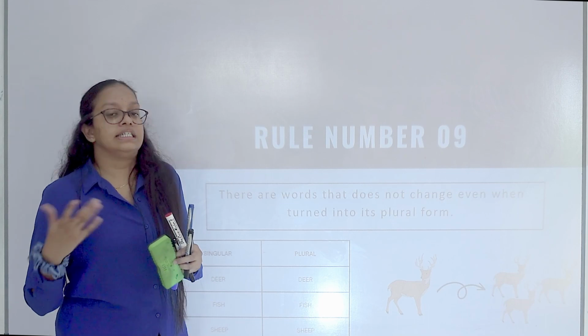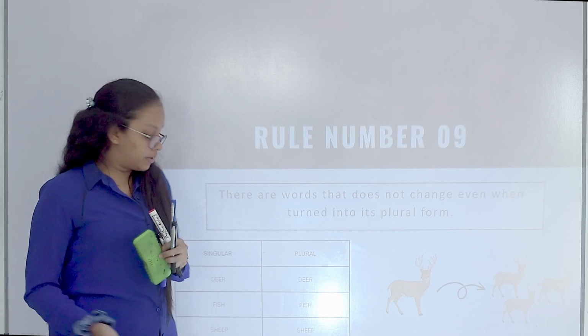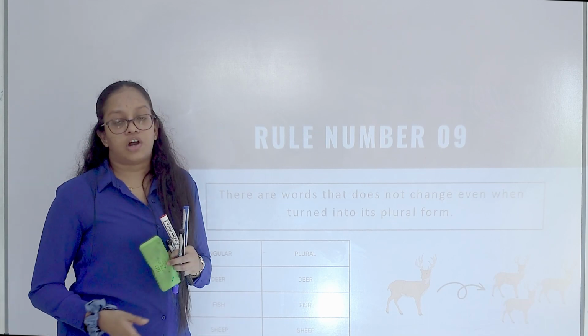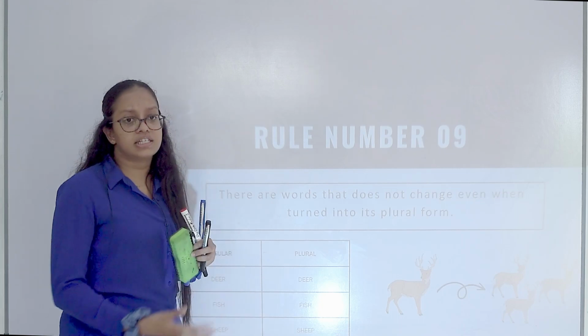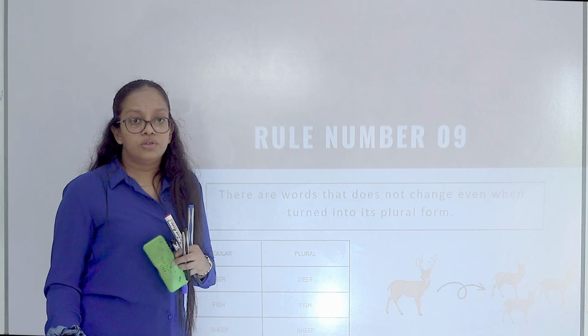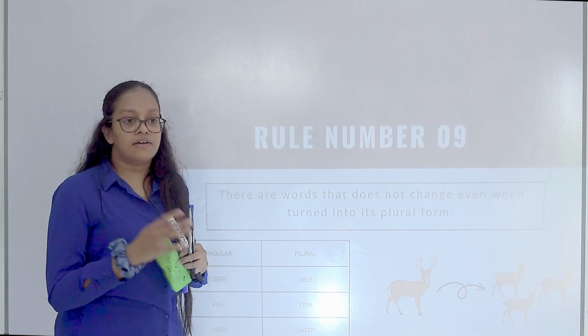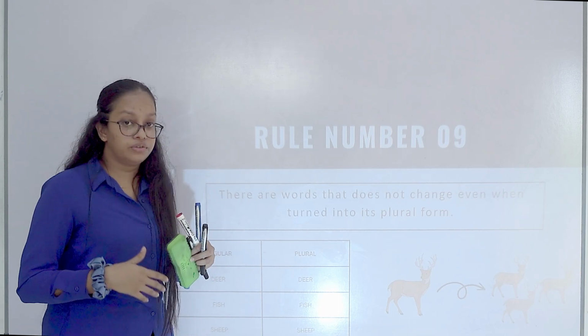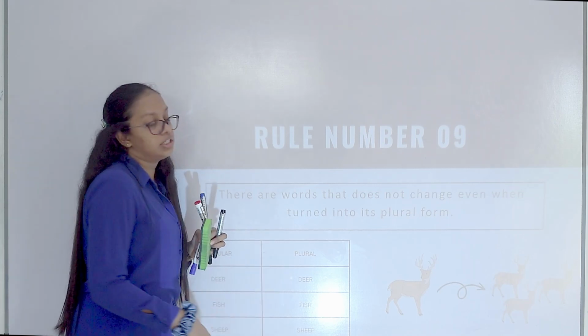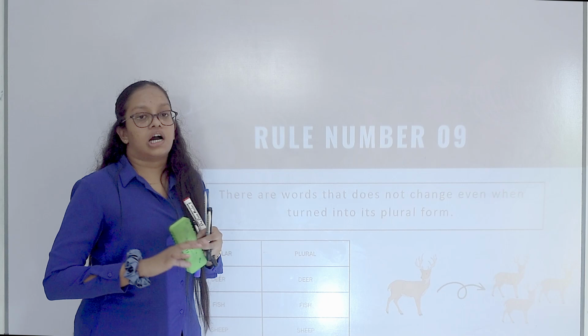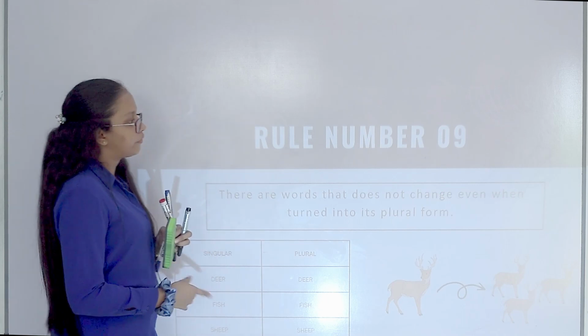We say deer, deer. Fish, fish. Sheep, sheep. We are not going to change anything. We are just going to write the singular noun as the plural noun.